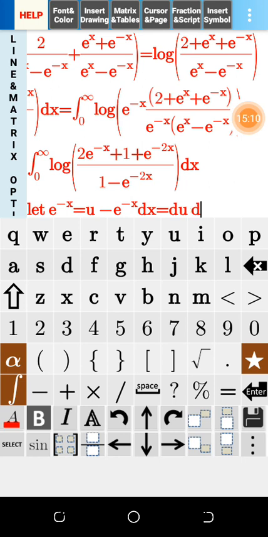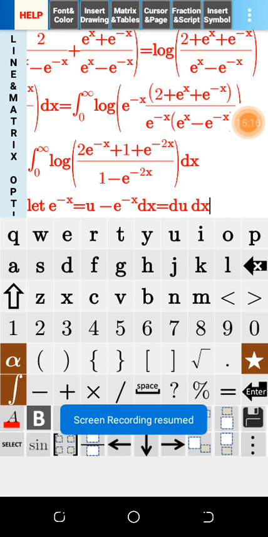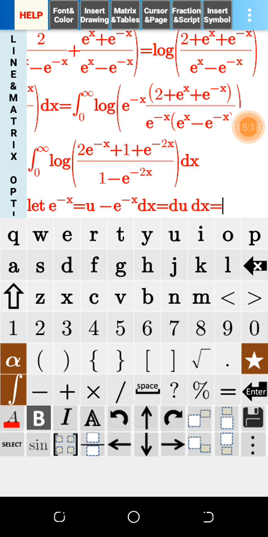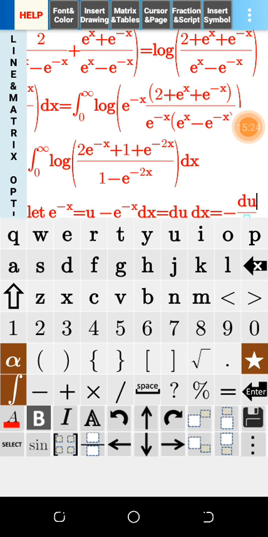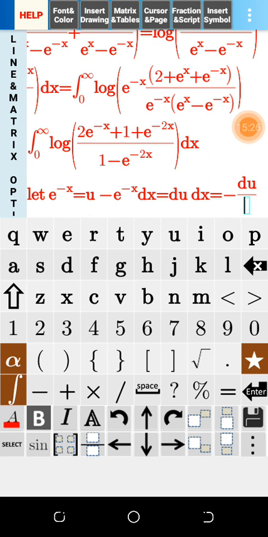So dx is now equal to minus du over e^(-x). And don't forget that e^(-x) is u.